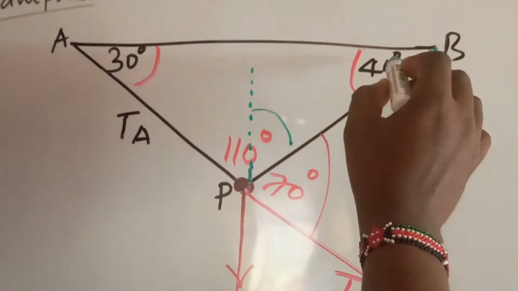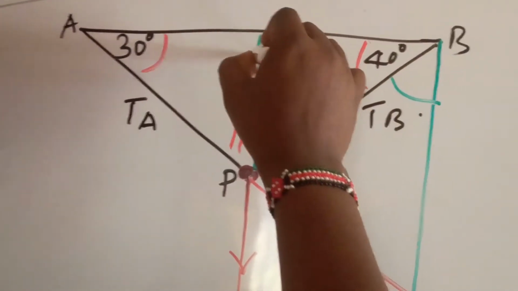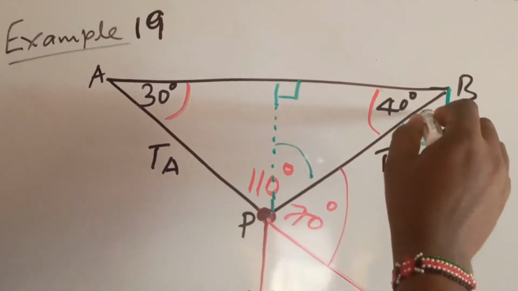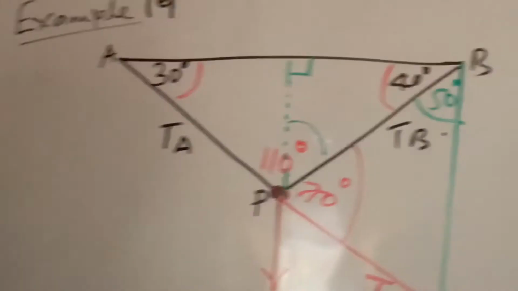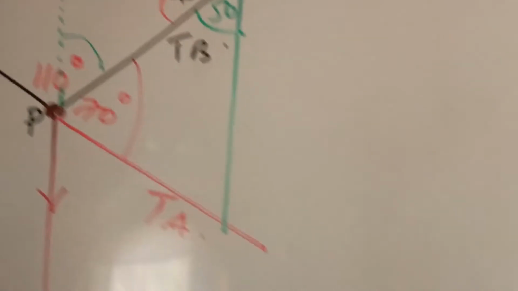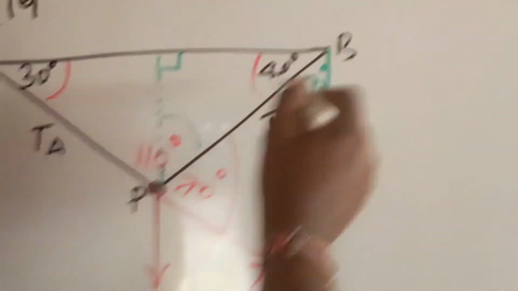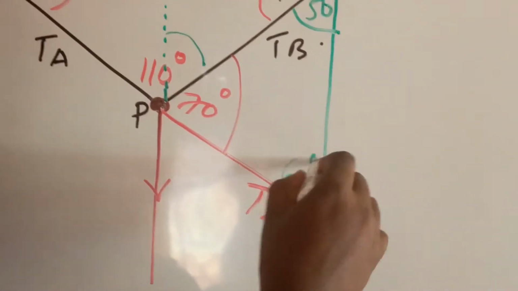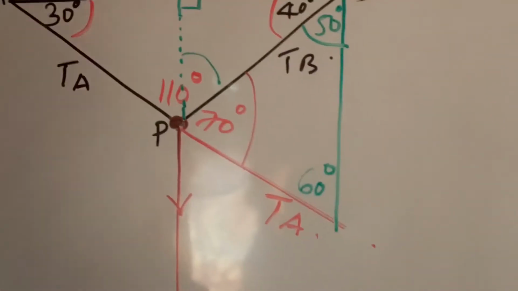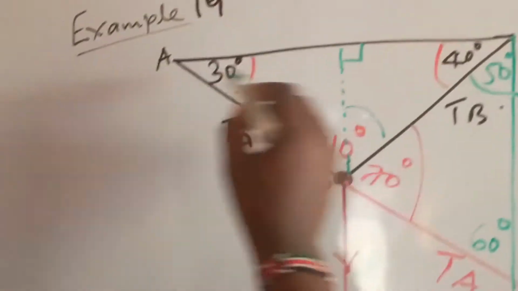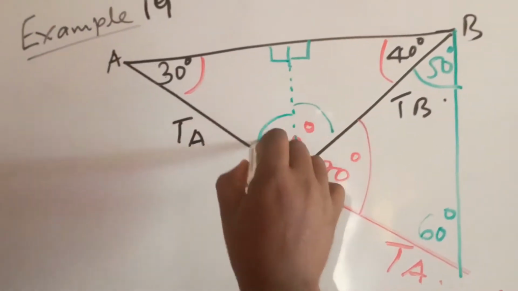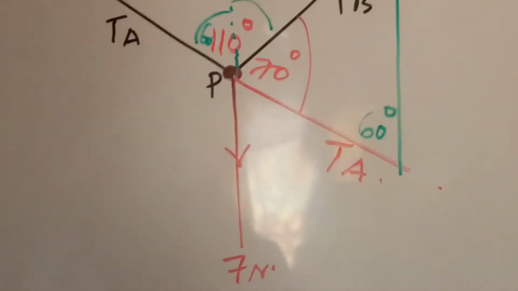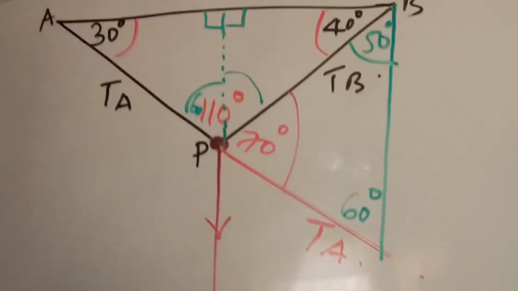And this angle, if this is 40 and this is supposed to be 90, is 50 degrees. So there is 50 degrees there. Of course, it goes without saying, if this is 70 and this is 50, the sum is 120, then we have 60 degrees there. But we can also say this is 30, this is 90, and this part is 60, exactly the part that shifted there as well. So we have our new triangle.